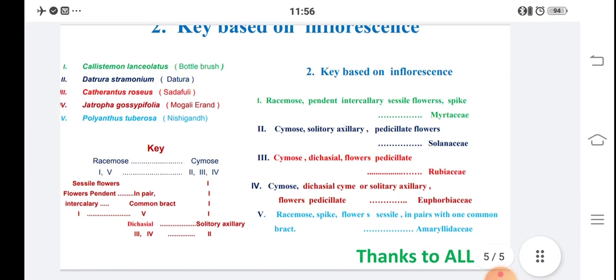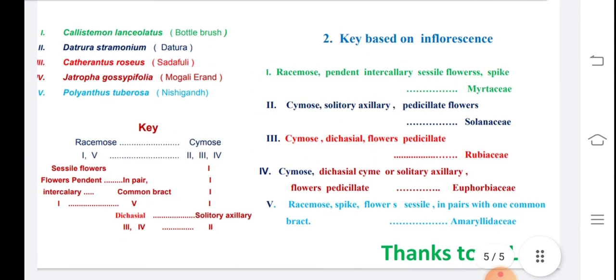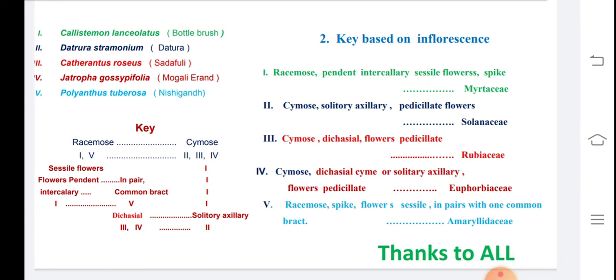So how should the key be prepared? So you see, firstly it is divided into two groups, racemose inflorescence and cymose. So number 1 and 5 are racemose, and cymose inflorescence for second, third, and the fourth. Then 1 and 5 we may divide, flowers sessile, right? And in the first, flowers pendant and intercalary, and in the second, flowers in pairs and the common bract is present, means the fifth material, tuberose.